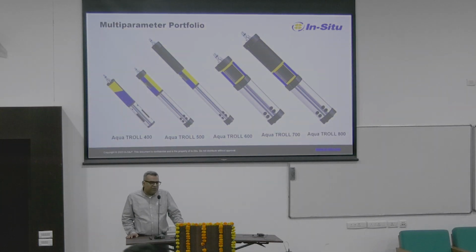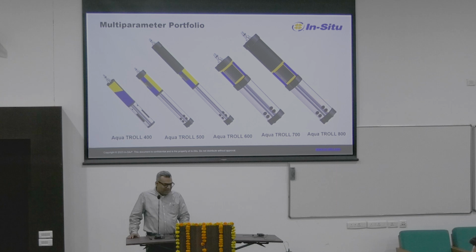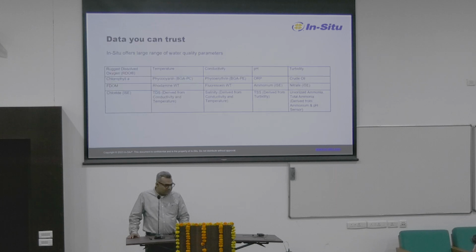We have multi-parameter instruments called Aqua TROLL. We have various models in it, starting from Aqua TROLL 400 to Aqua TROLL 800s. I'm not going to give you all the differentiators because we can talk separately on this. Let's go to the parameters we can measure using these instruments.